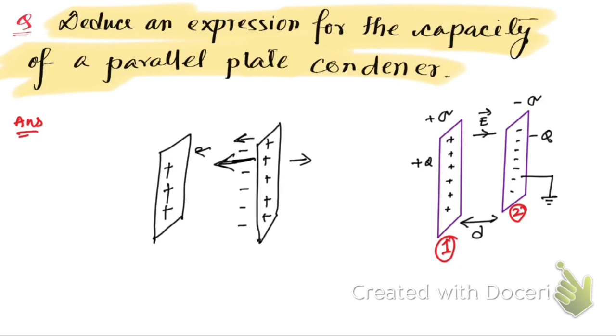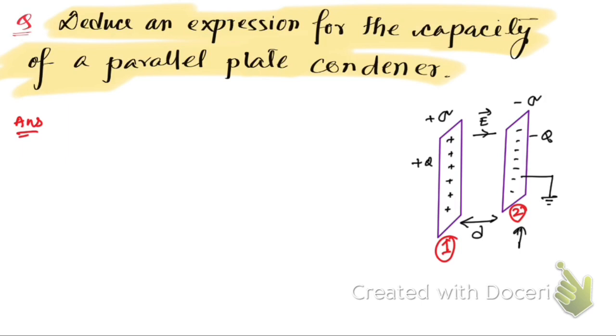To make this plate completely negatively charged, we have grounded it, and electrons come up to this plate and neutralize these positive charges. That's why plate 2 becomes negatively charged. Hope you have understood this now.